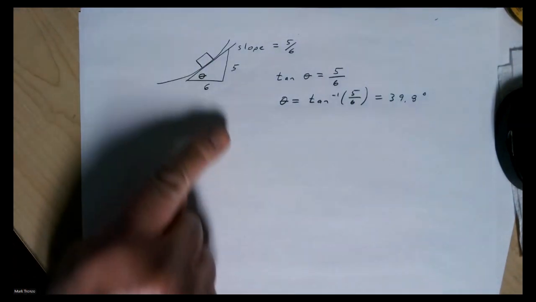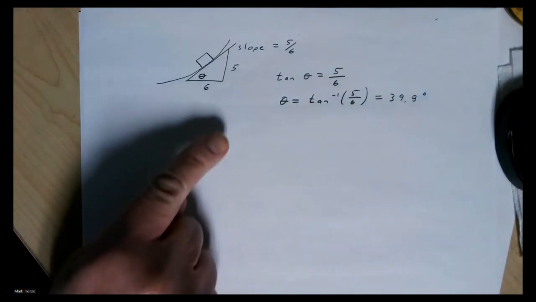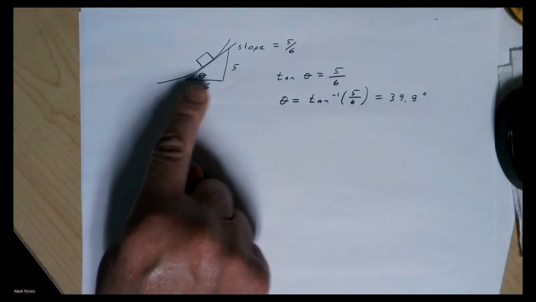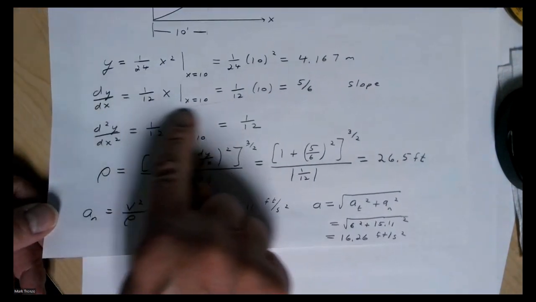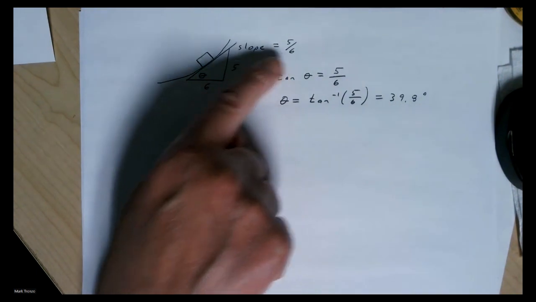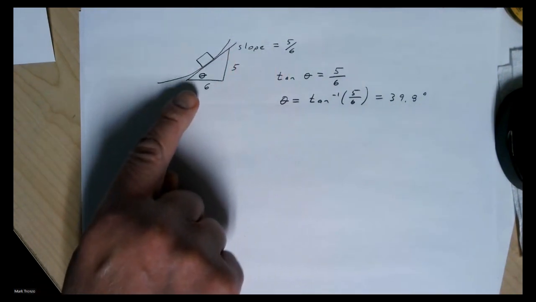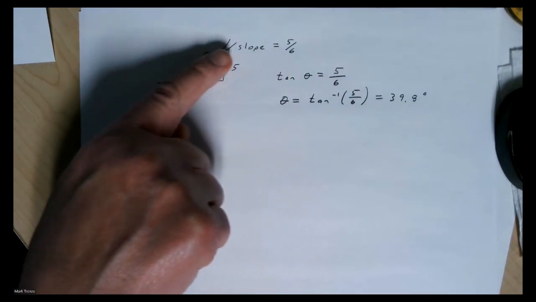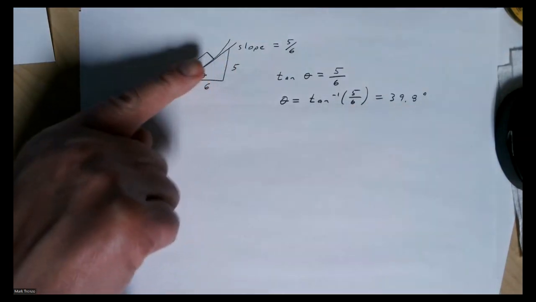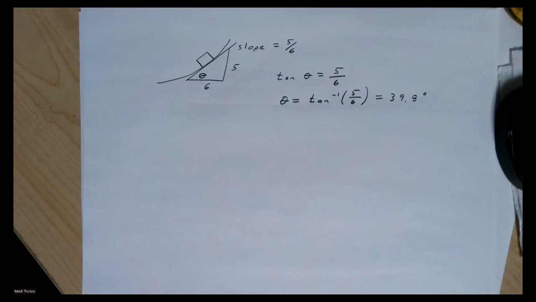So that's the only little extra thing that was given in this problem that we're asked to do. Usually we don't have to do this, but if you are, use the fact that you know this derivative is the slope, and then you're given the slope, you make your little triangle, you can say, okay, that package is coming down at an angle of 39.8 degrees from the horizontal.